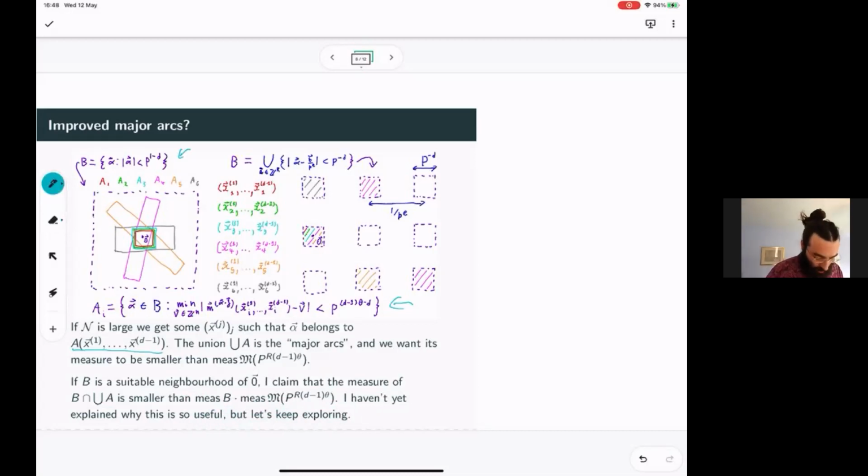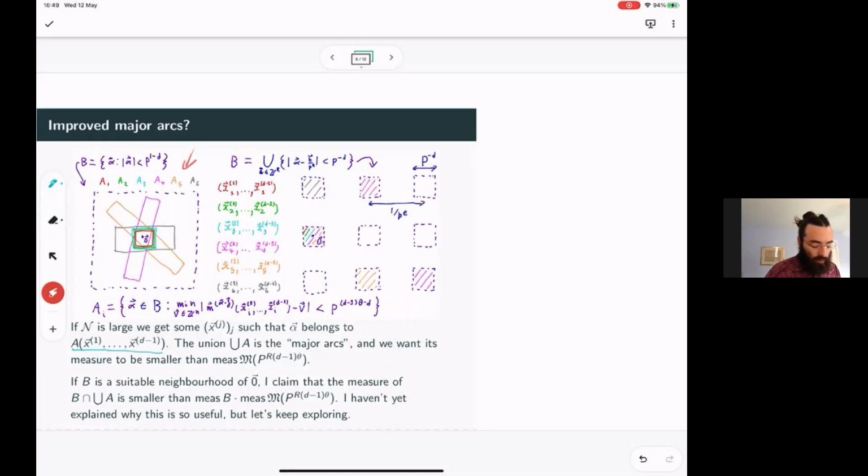So what happened in the idea that I sketched at the end on the last slide? Here we have various different solutions to our Diophantine inequalities leading to different major arcs A. And on the left-hand side here, we're in a little box around the origin, which is chosen to be so small that in order for this inequality to be true, it's going to force V to be 0.